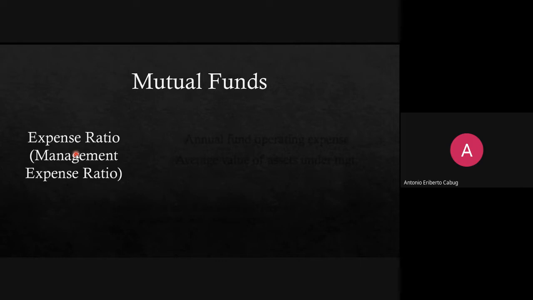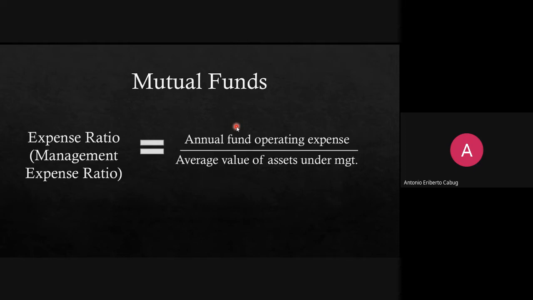So, a very important ratio that you have to monitor is the expense ratio. It's the annual fund operating expenses. I already discussed what the annual fund operating expense is. It includes the salary of the manager, the compensation of the manager. Divide it by the average value of the assets under management. The value of those stocks, bonds in the portfolio of the mutual fund company.